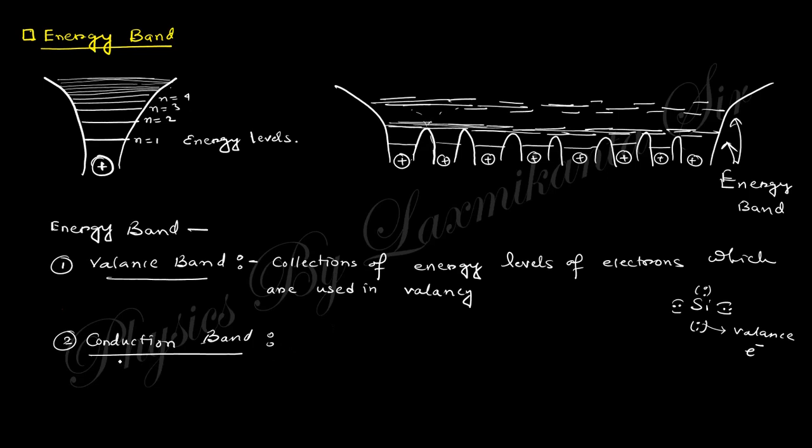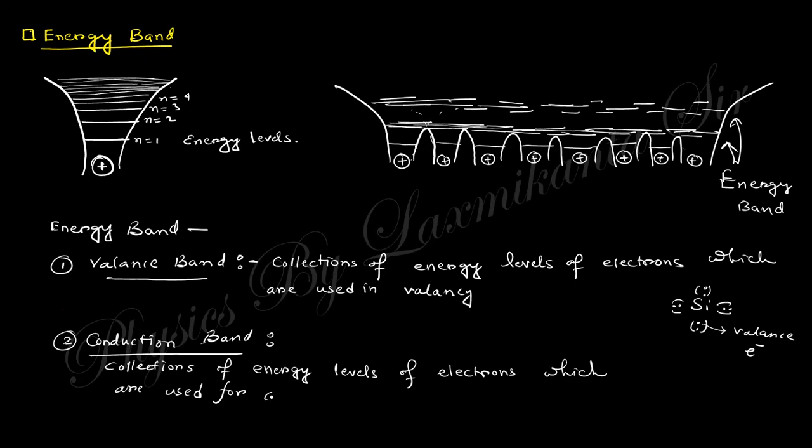So this is the collection of energy levels of electrons which are used for conduction. So this energy level used for the conduction is called the conduction band.